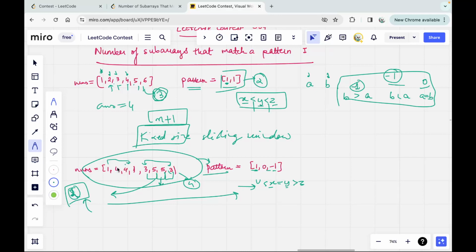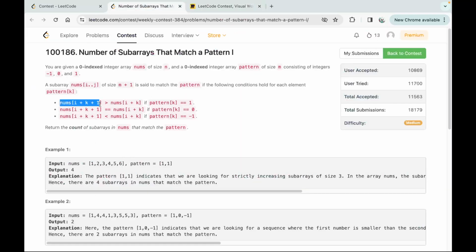And while going inside this particular window, you have to check for this pattern. To check for the pattern, I will write a check function in which I will send the value of the pattern and these characters, right? Already in the question it's mentioned this is what you have to check, and only in this way I will send it, right? That is all that you have to do.